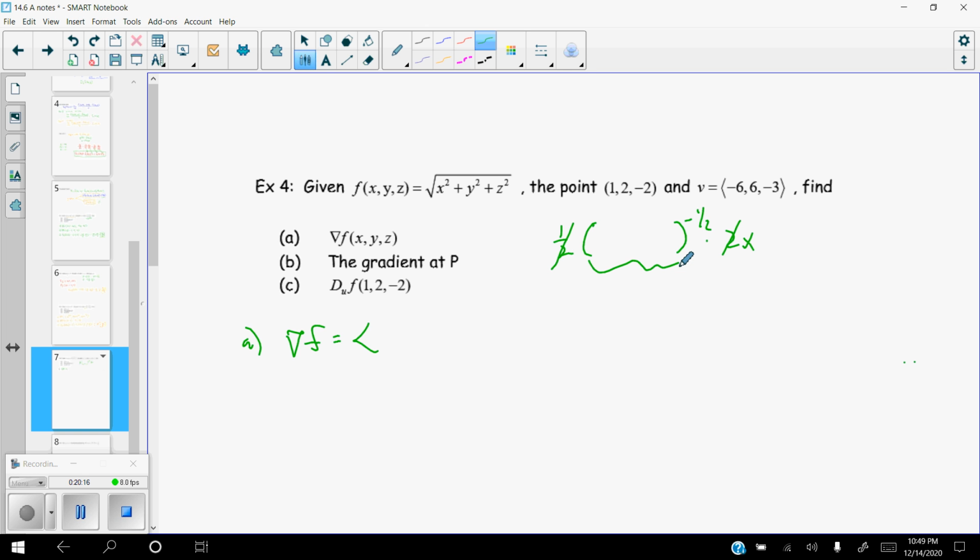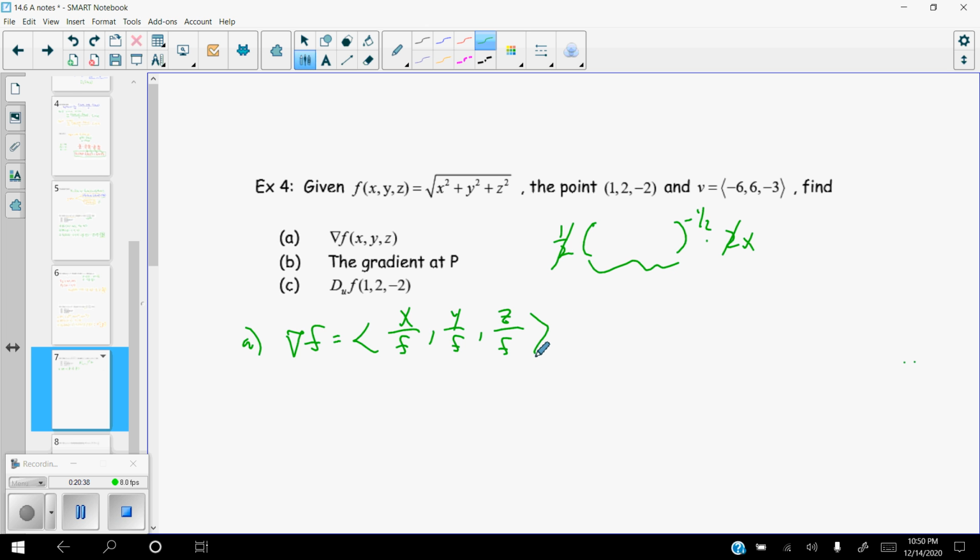Well, the square root itself is f. That's the function. So what we're going to get is x over f for our first partial, y over f for the second partial, and z over f for the third partial. If you cannot see that, please, by all means, just write them all out. It's not that big of a deal.